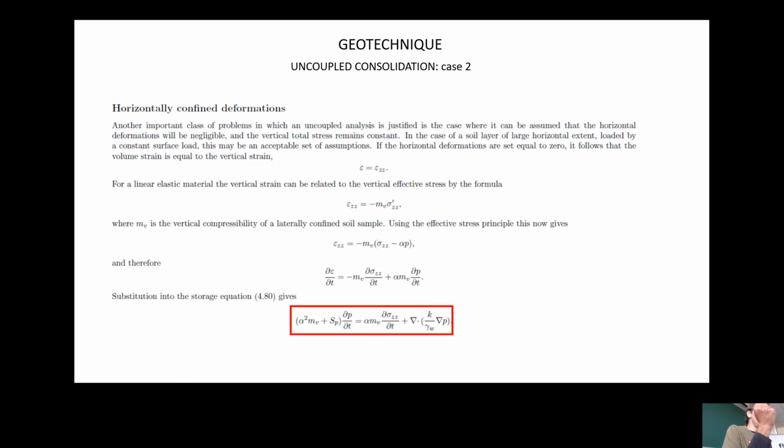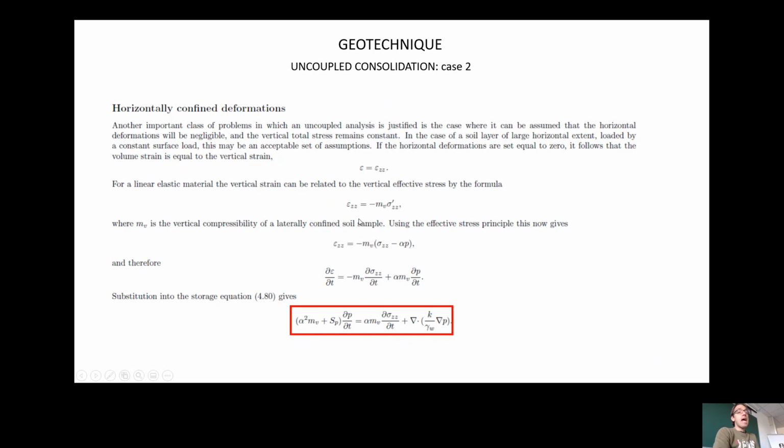but since we can consider the material linear elastic, we can introduce what we call the vertical compressibility of a laterally confined soil sample, and we can write epsilon in this way.